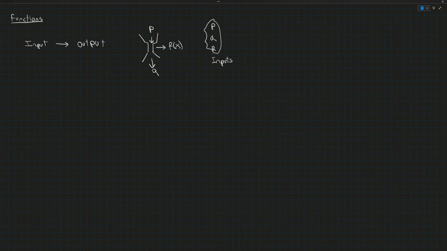And of course, after these rules have been followed, after a transformation has been applied, they get turned into something else, such as M or N. This should be an N, right? P goes to N, Q goes to M, R goes to N, and these are the outputs. And of course, this would be a relationship.